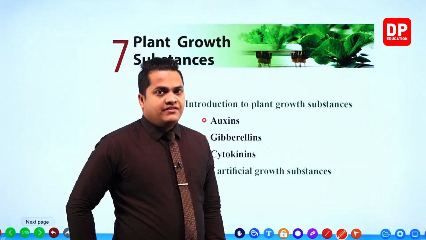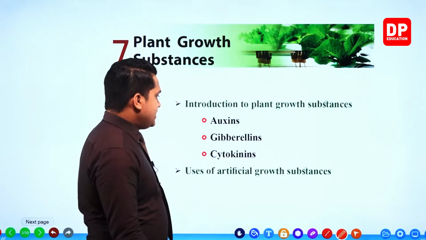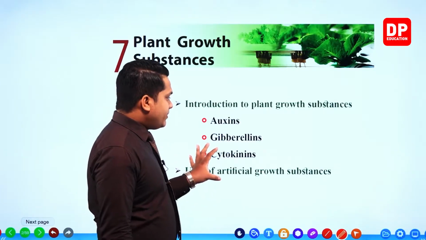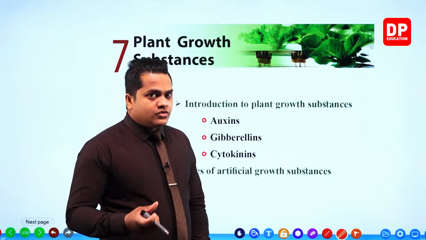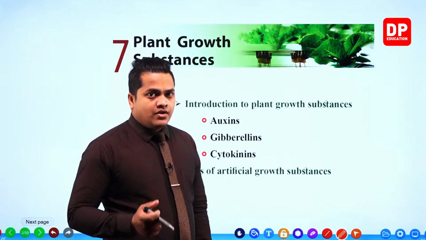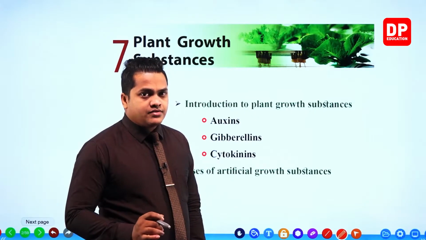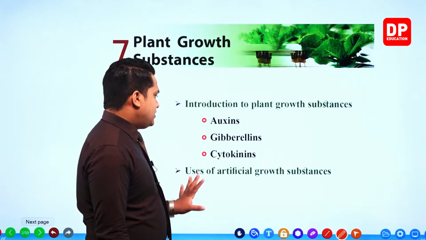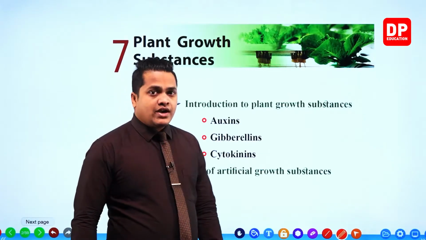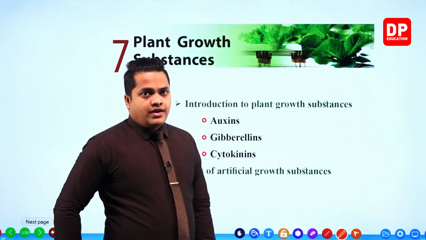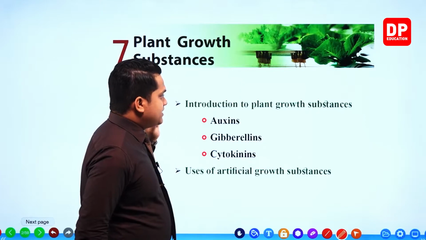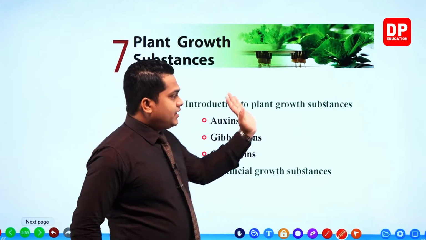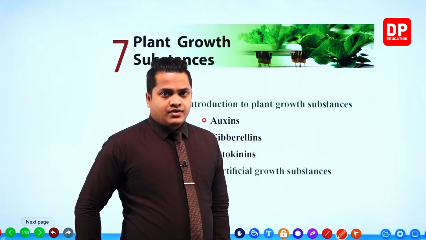Then secondly, we'll be discussing gibberellins, another type of plant growth substance that can be observed within plants. Then in number 3, we'll be discussing cytokinins, right? So mainly we are focusing on these 3 chemical substances under the plant growth substances.